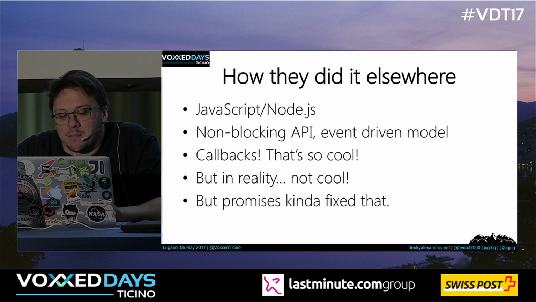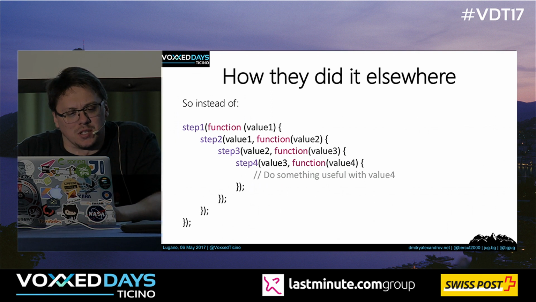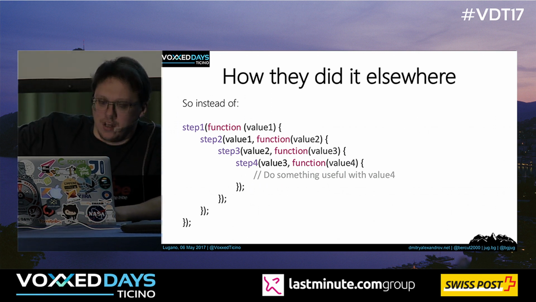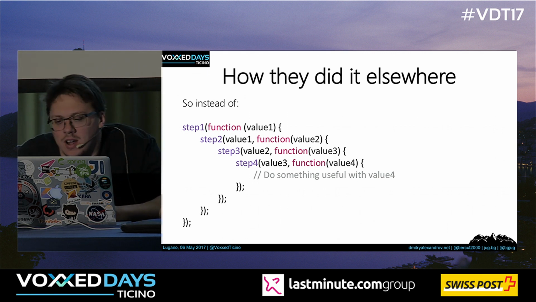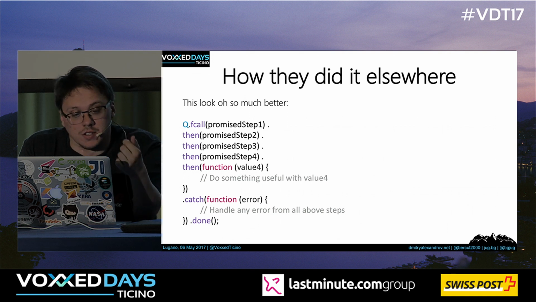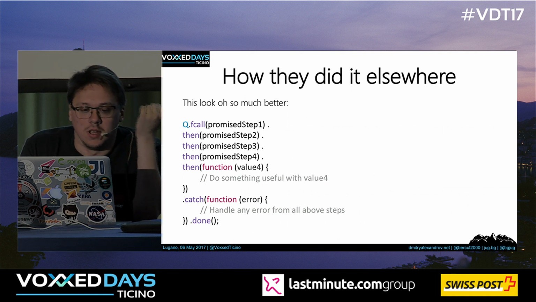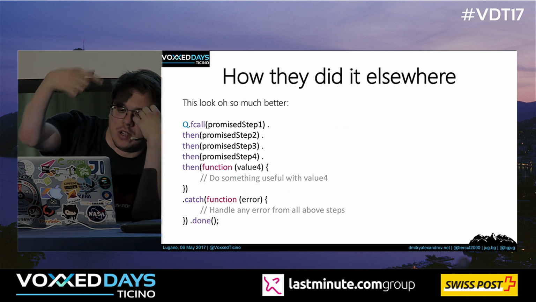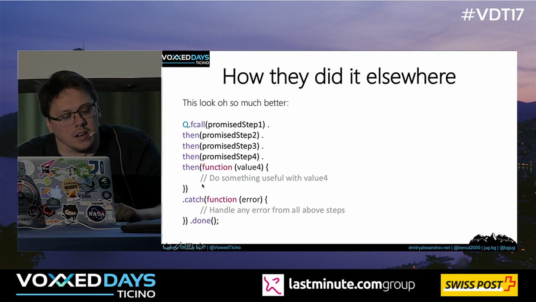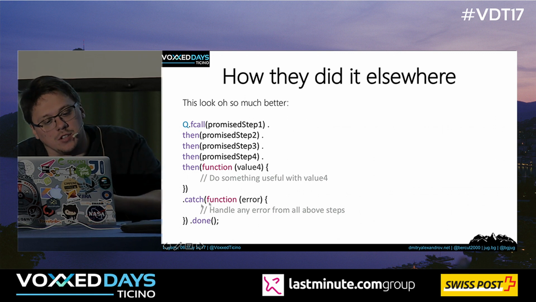And another library called promises kind of fixed that. So instead of writing this stuff like function inline and function inline, callbacks in function and so on and so on, with a small library called Q, we can achieve something very much readable. We can just make chains of asynchronous calls by using the then function, and we can even gracefully handle the exceptions, like with this catch function.